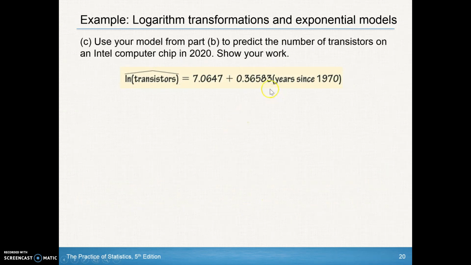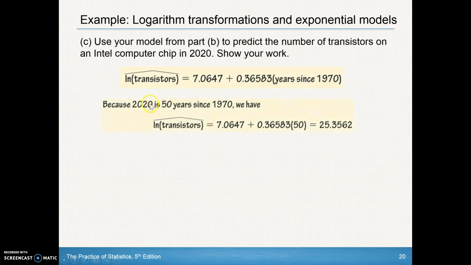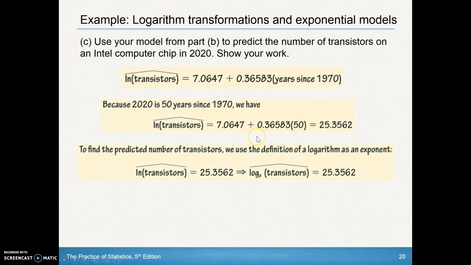And we can use that model to predict. So if I wanted to predict in 2020, which was 50 years since 1970, I just put 50 in for that year since 1970 and go ahead and calculate that value using our math skills from before. And we'll review a little bit of those log properties in class to make sure you're solid on those from advanced algebra.